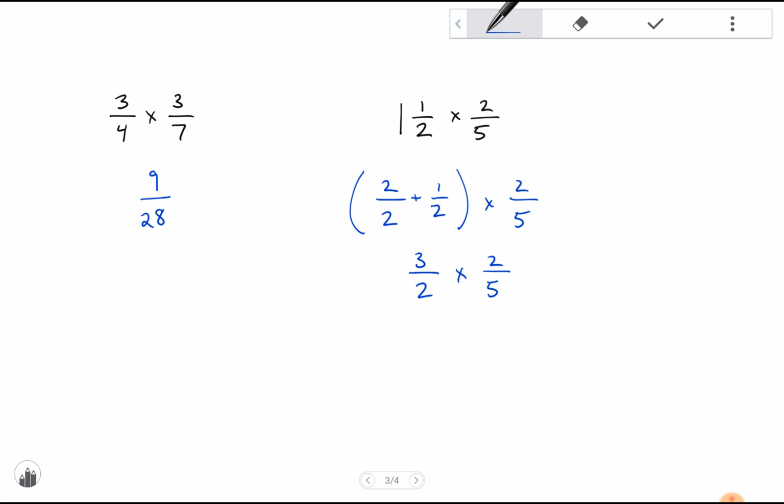Multiply that by 2/5. We now need to multiply, but we can simplify these first because the 2 can be divided by 2 to get 1. This 2 also divided by 2 gives us 1. So now we have in the numerator 3 times 1, which gives us 3. And in the denominator, we have 1 times 5, which gives us 5. So 1.5 times 2/5 gives us 3/5.